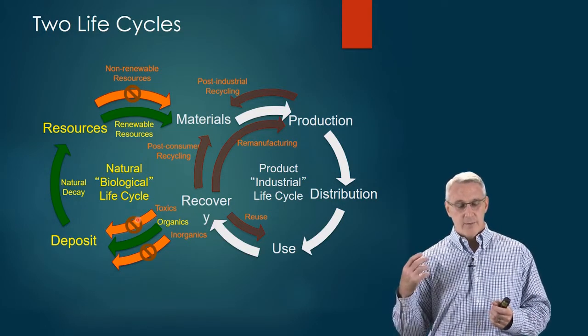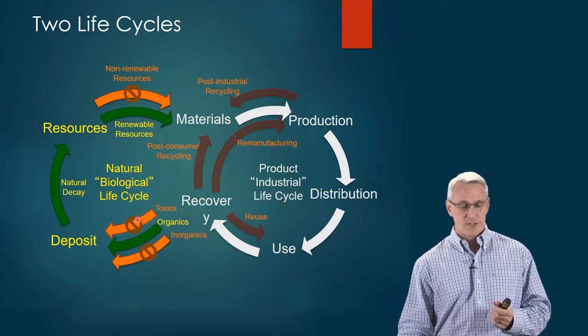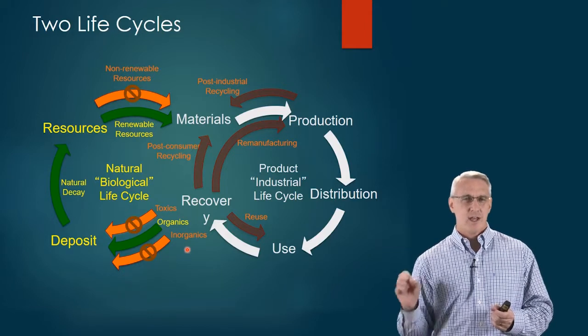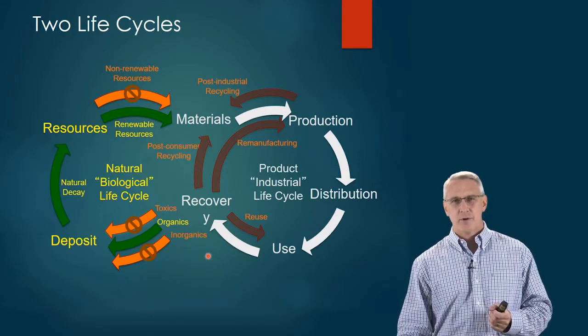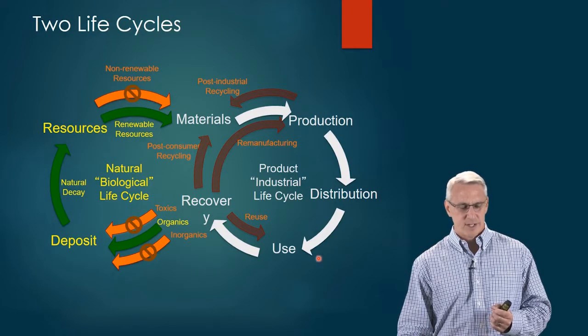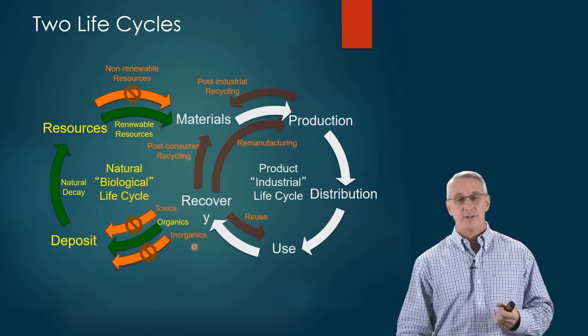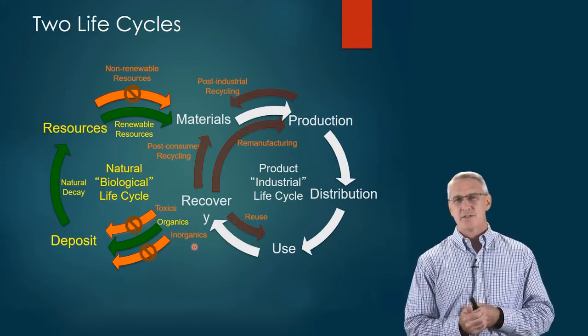So from a materials choice standpoint, we want to choose materials that don't have resulting toxins, don't have resulting inorganics, and don't go into there. They can get put into another industrial life cycle that could get reused and reused. Or, well, we also want to minimize the amount of those types of materials.